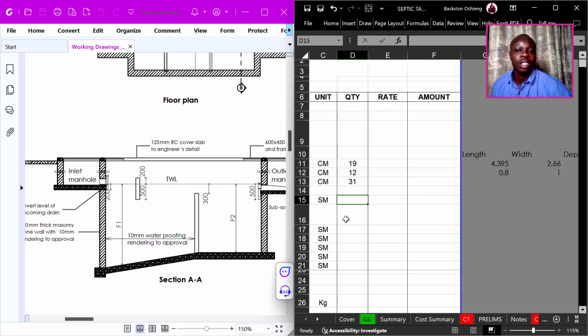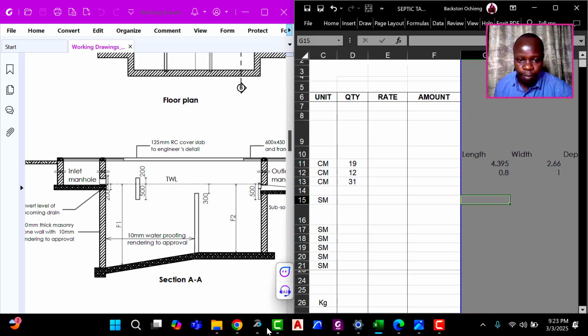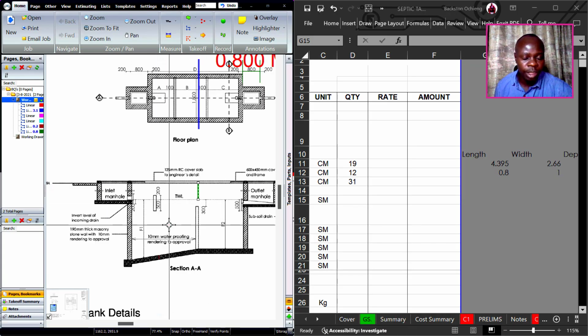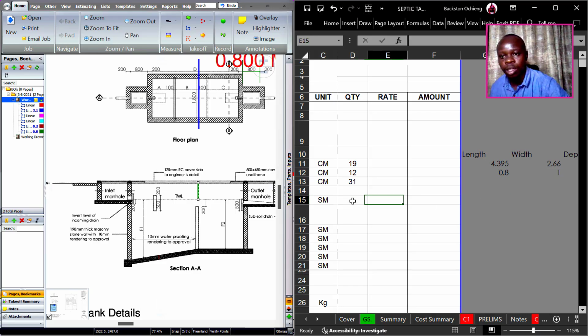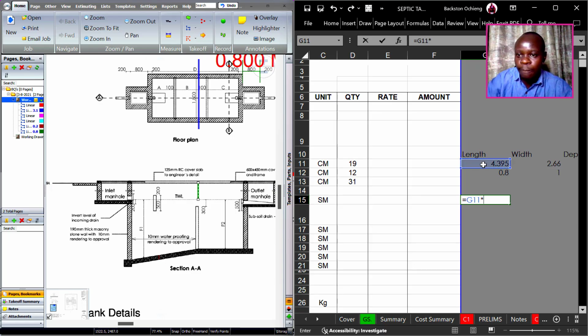So the blinding we are dealing with here is calculated for both the main section of the septic tank and also on the manholes. So we had already calculated the dimensions which we are going to stick by. So it's that one there times width, which becomes that still. All right, so that is what we have.